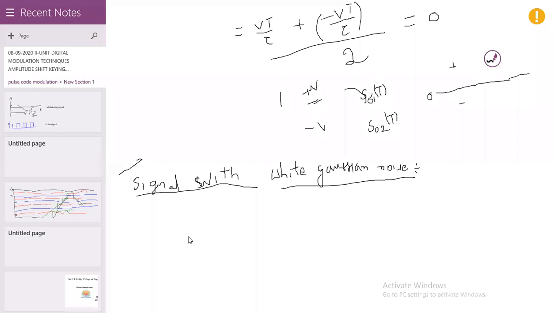So what are the boundaries of N naught of T? Here we can find out.